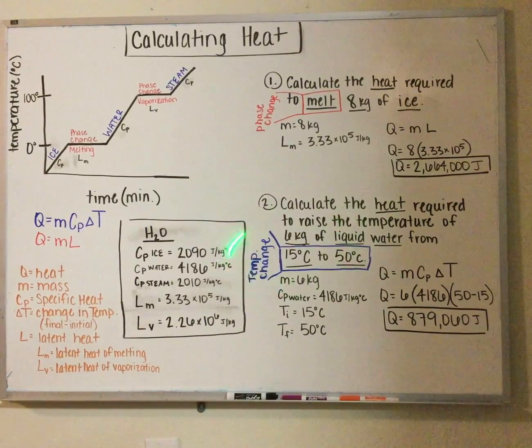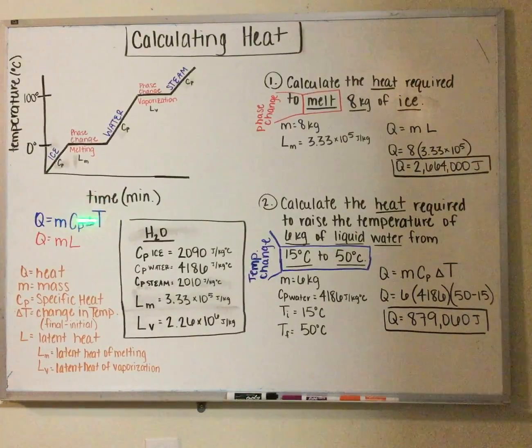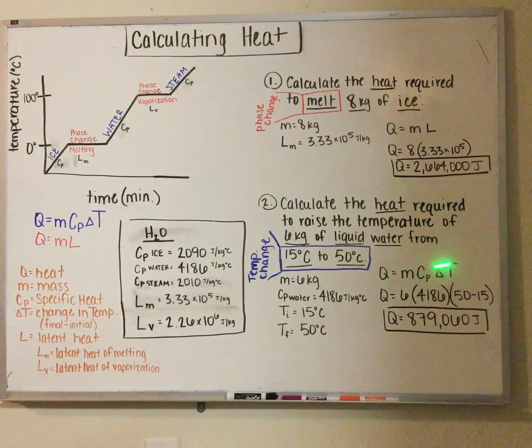If I'm working with a problem that's talking about a temperature change and I'm calculating the heat to change the temperature, I'm going to be using the temperature change equation. The heat, which is Q, required to change the temperature of a certain substance. So I have that formula here, my change in temperature formula.